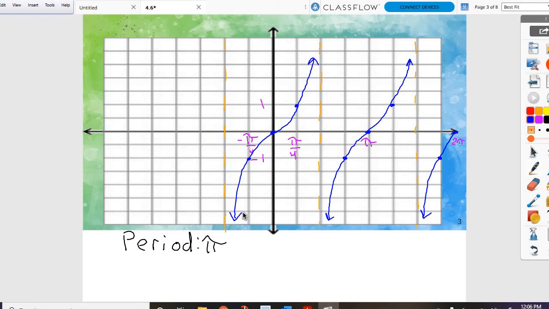So is going from negative pi over 2 to pi over 2 a much more complete graph? It's like looking at that section of our graph instead. Yes. So it's a little bit different than our sines and cosines because we're going to start our first cycle at negative pi over 2.